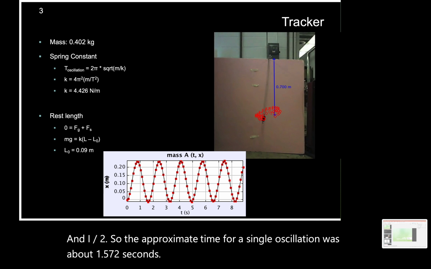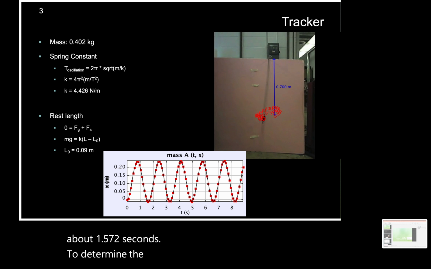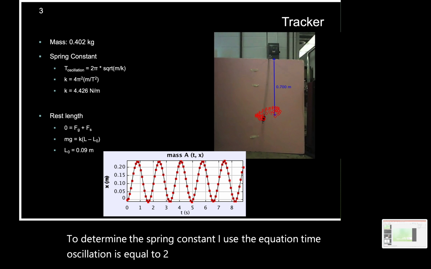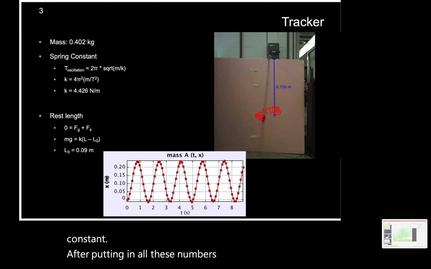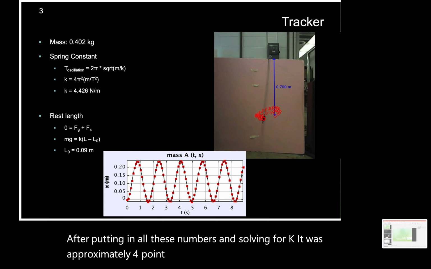To determine the spring constant, I used the equation time of oscillation is equal to 2 pi times the square root of mass over the spring constant. After putting in all these numbers and solving for k, it was approximately 4.426 newtons per meter.